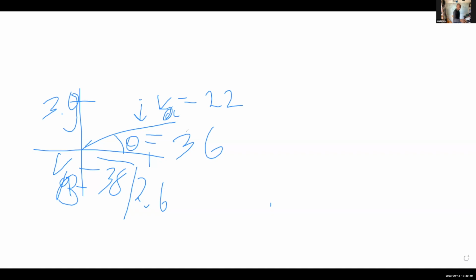So it's the 38 times cosine of 36 times t. So it's that velocity times the time. So in fact, let's go ahead and leave those answers up there. I'm going to erase this.